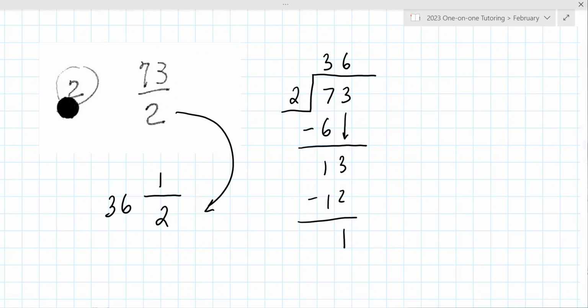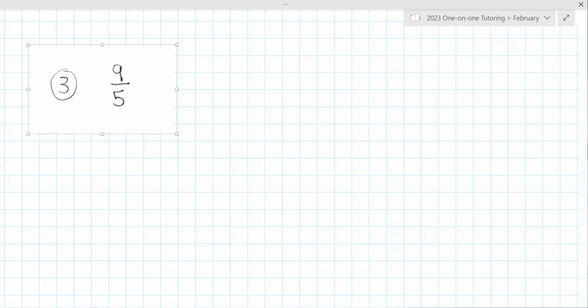So why don't you try number 3 or 4? Let's might as well do 3. One and 1 over 5.